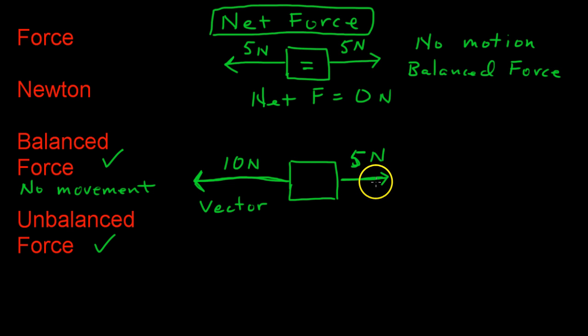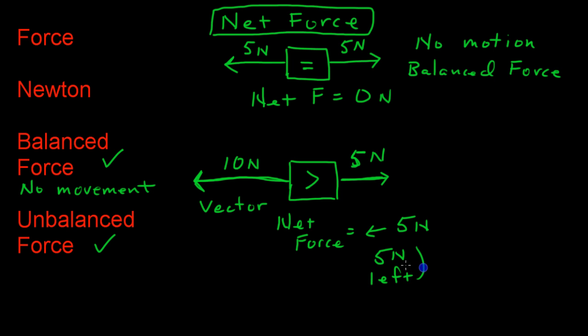And so the 10 newtons is greater than the 5 newtons, and so the net force would equal 5 newtons to the left. Okay, or maybe I should say 5 newtons left. Okay, and that would be our net force.